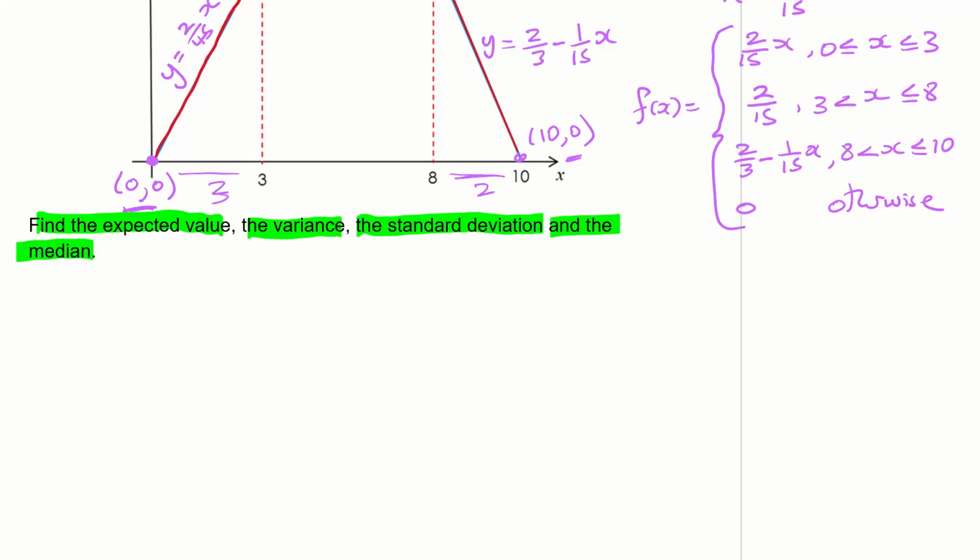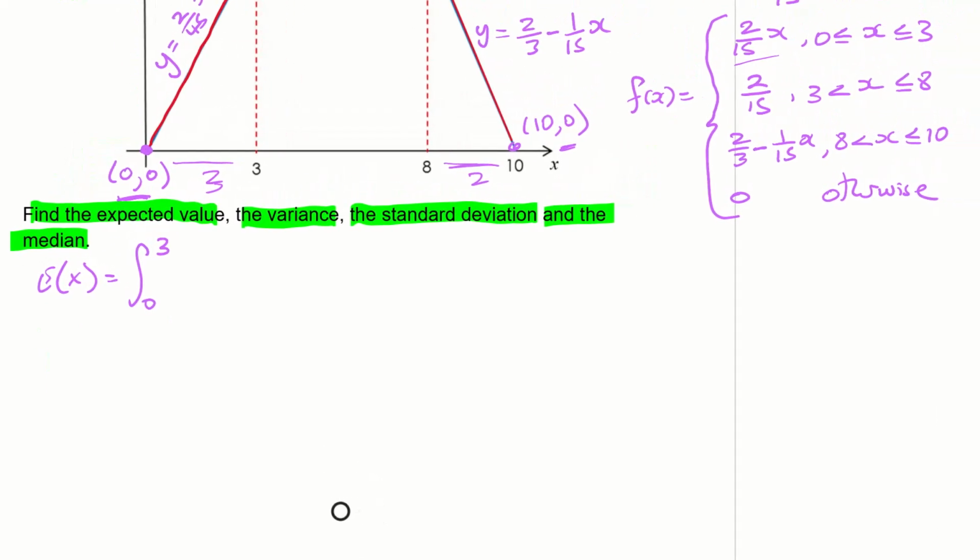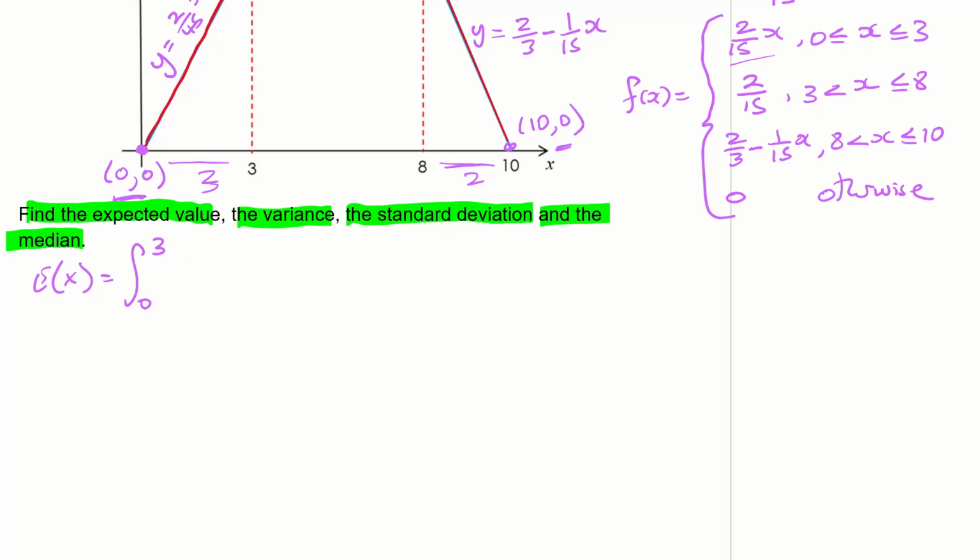And so to do the expectation, we are going to need to integrate. So we have the integral from 0 to 3 of x times 2/45 x. So that one is going to give us 2x squared on 45. Then the integral from 3 to 8 of x times 2/15.